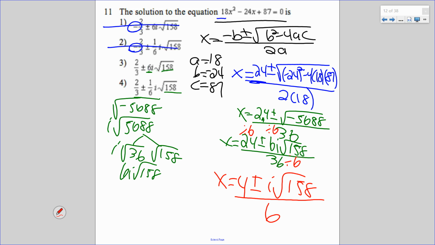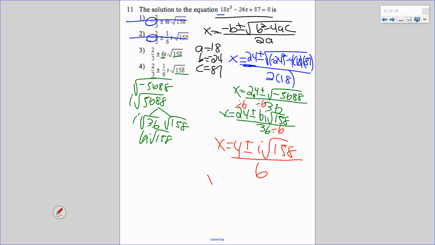Now I don't see that exact answer there, but I see them broken apart, so I can do 4 over 6 becomes 2 over 3 plus or minus 1 over 6 i radical 158.